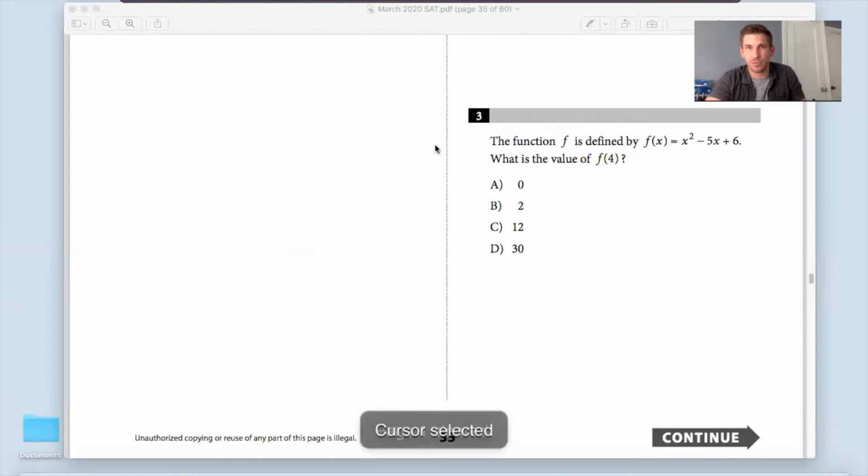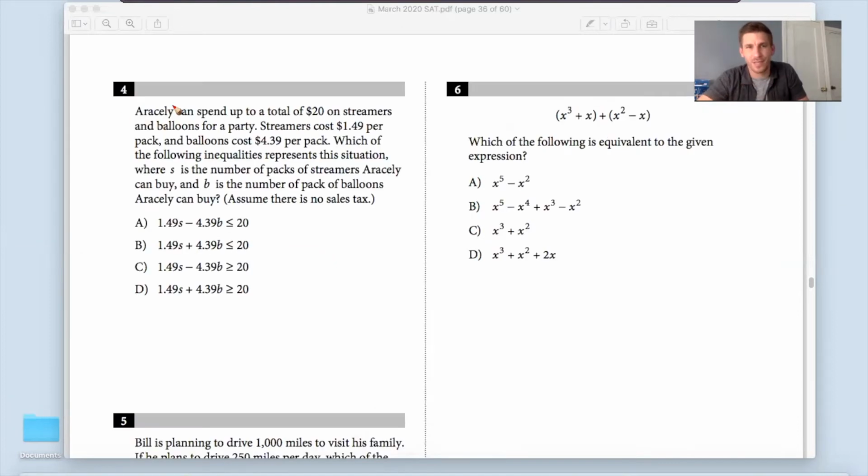All right. So number 3, Racely can spend up to $20 on streamers. I'm also going to circle this up to a total, and then I'm going to go down and skim my answer choices. I notice that I have inequalities here. And because I have inequalities, it says up to $20. So that means at most, right? So it means I cannot exceed $20.